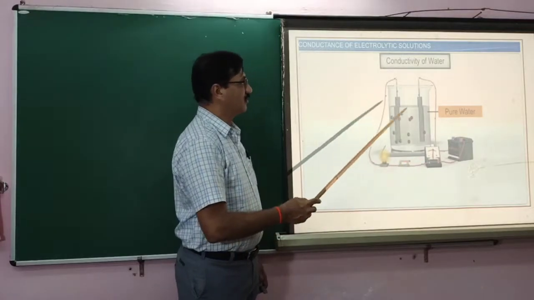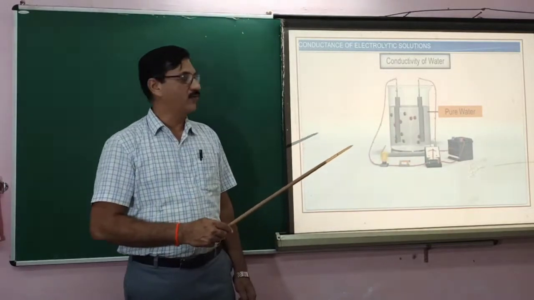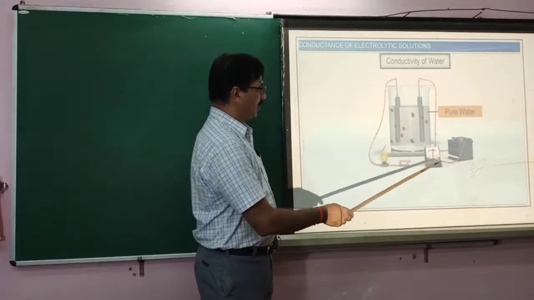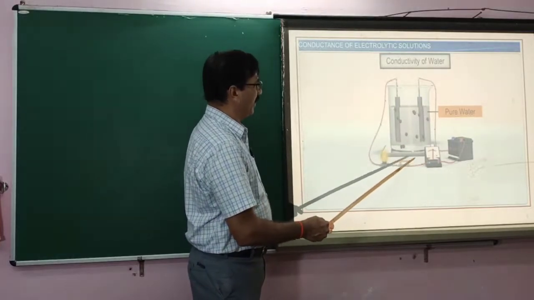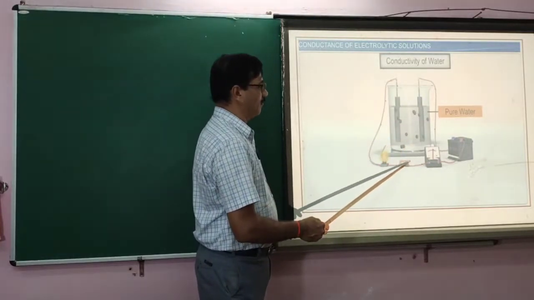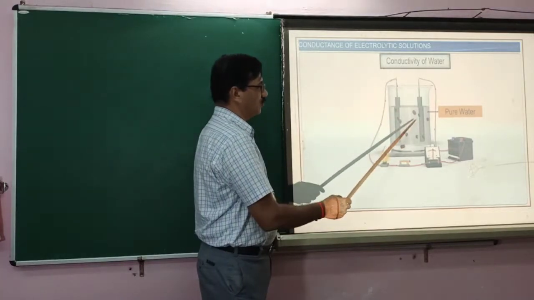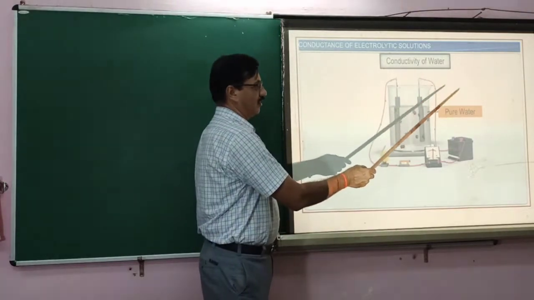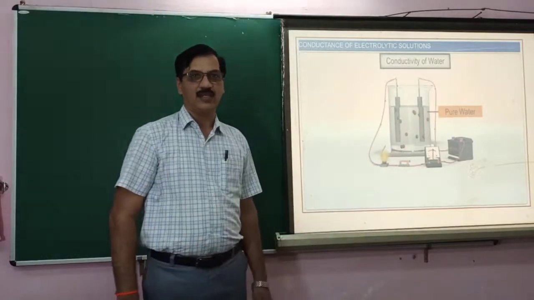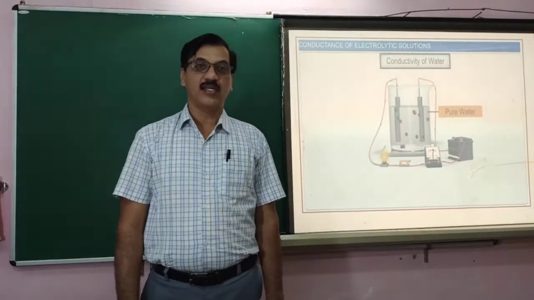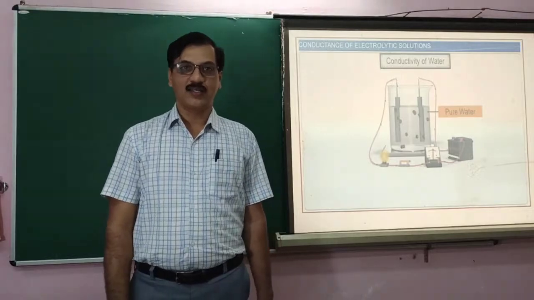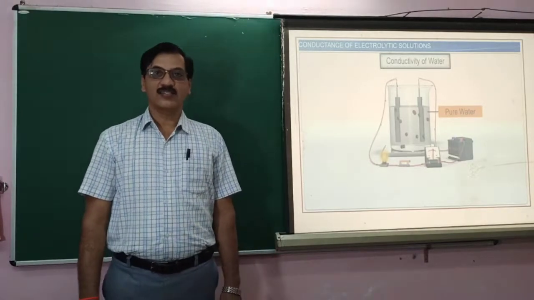So when the light is on, we see that the solutions also conduct. Pure water also conducts very meagerly, but if it contains a salt, then we find that this is conducting to a greater extent.